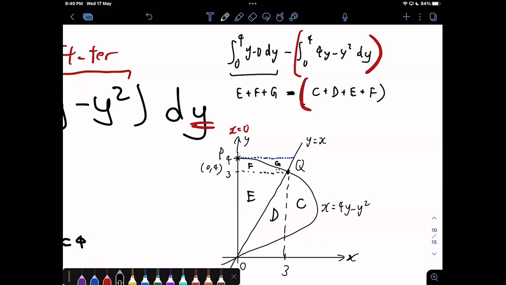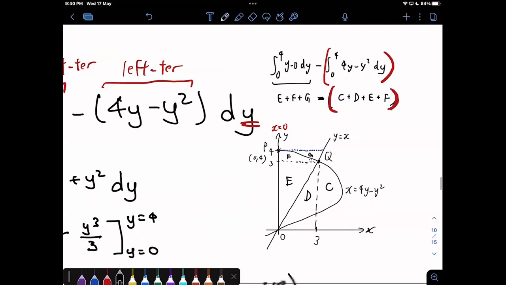Then let's simplify it using a bit of Sec 1 algebra. Expand, multiply the minus sign in. What do we get? E plus F plus G minus C minus D minus E minus F. Anything to cancel off?